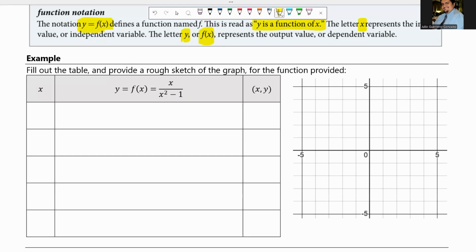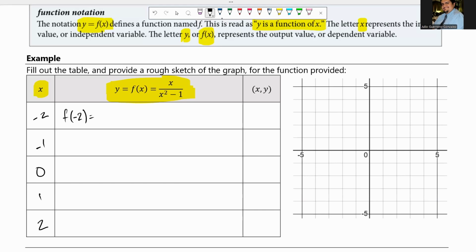For this example, I'm going to be using this function right here. In order to use it, I need to define some x values, and I've got some set aside already: -2, -1, 0, 1, 2. So how we use this is like this. We would say f of -2.